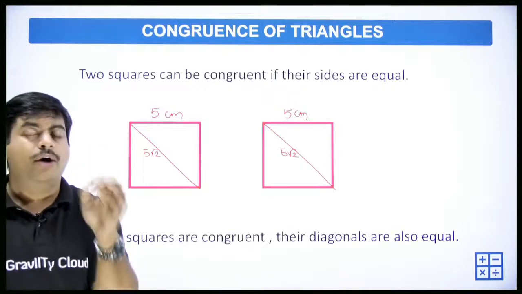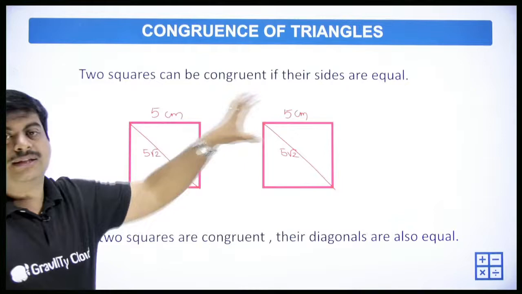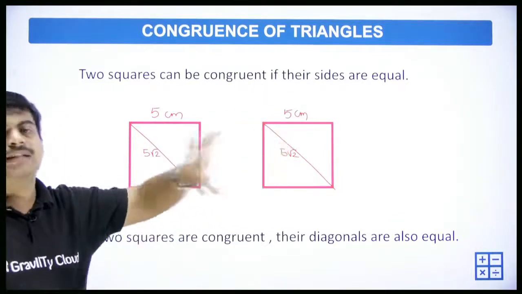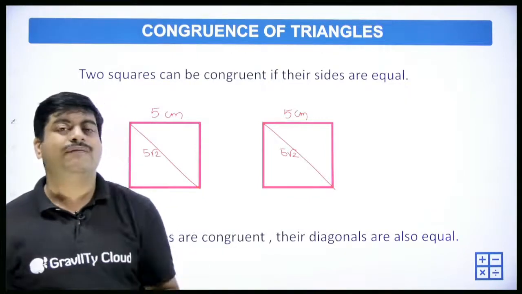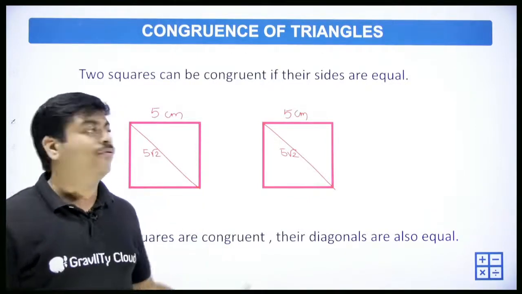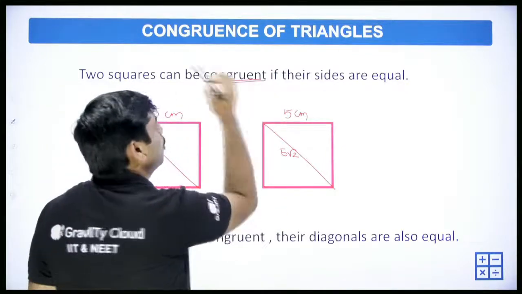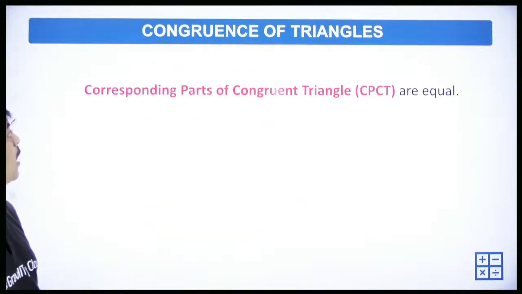When I say congruent, everything is the same: the side length is the same, the diagonal length is the same, so angles will be the same. But we don't use the word same. For geometrical figures we use the name congruent. Understand? Okay, so let's move forward.